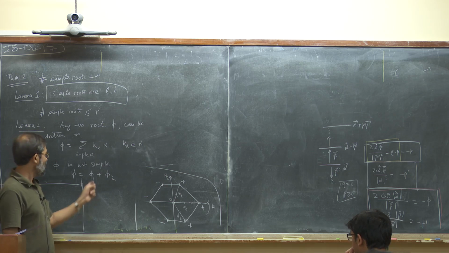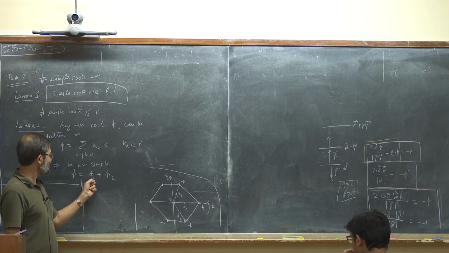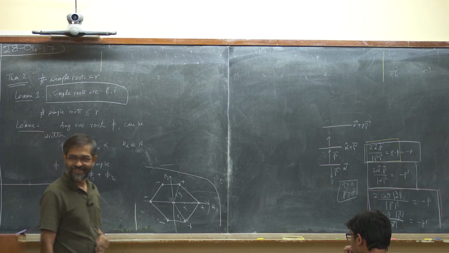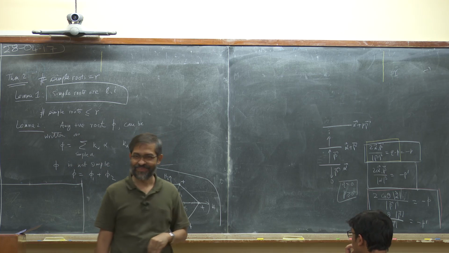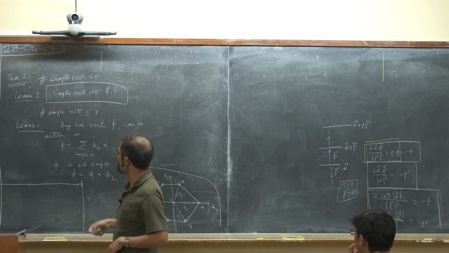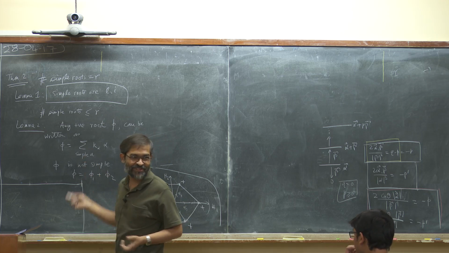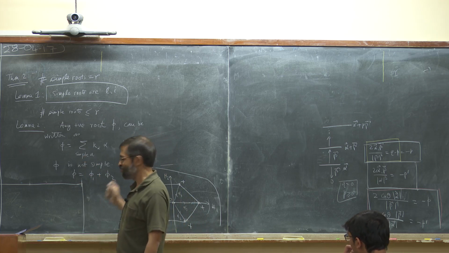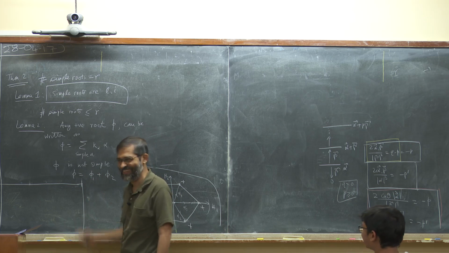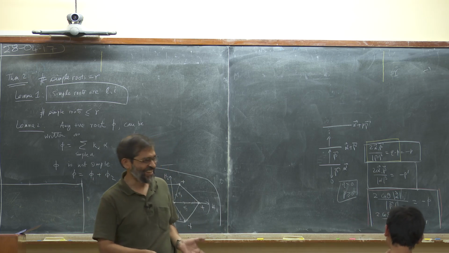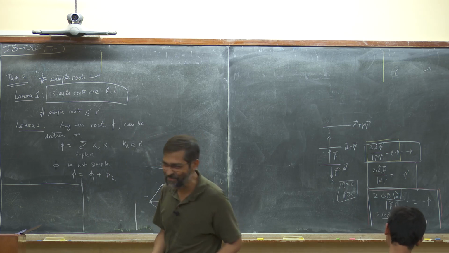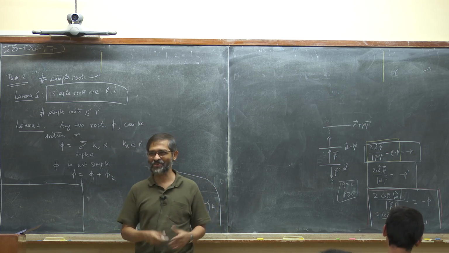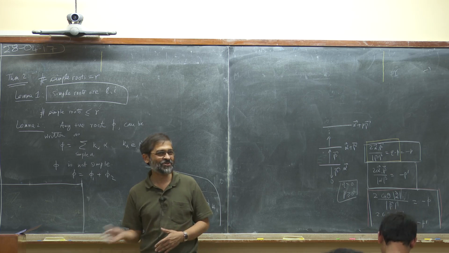Now, if phi 1 and phi 2 are simple, then one is done, because of course they are in this list. If phi 1 and phi 2 are not simple, let us say phi 1 is not simple, then there will exist phi 3 and phi 4 whose linear combination it is, and so on and so forth.